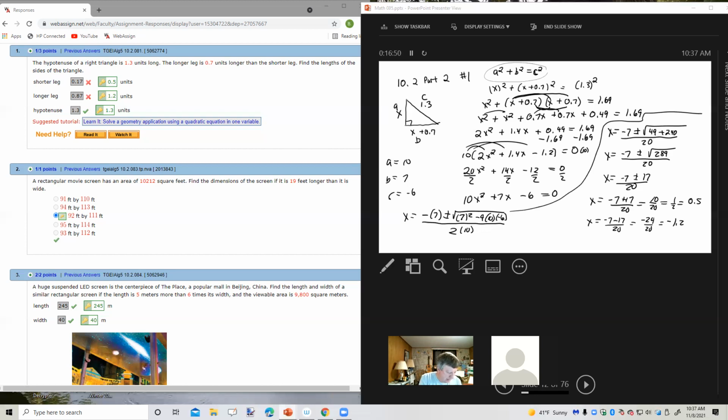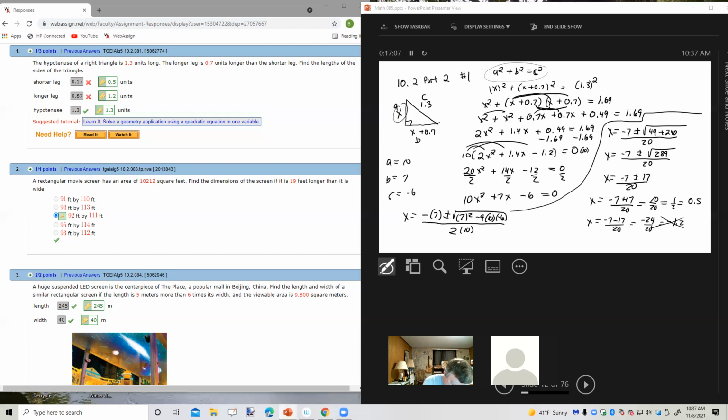All right, now, as I mentioned in the video last week, when we're dealing with distance or length or width, we can't have a negative value. So this x could not be -1.2. All right.